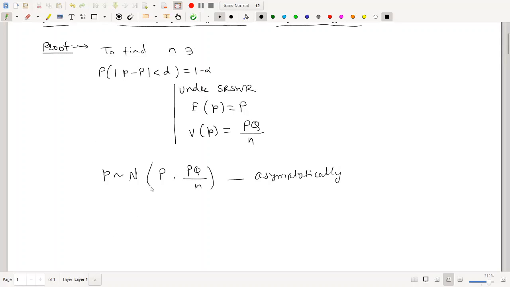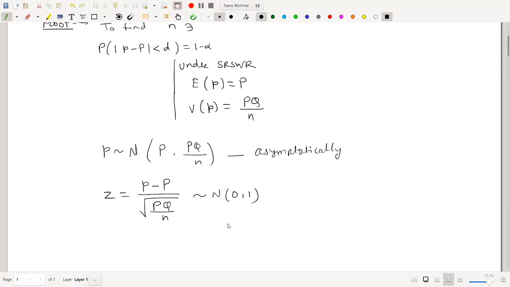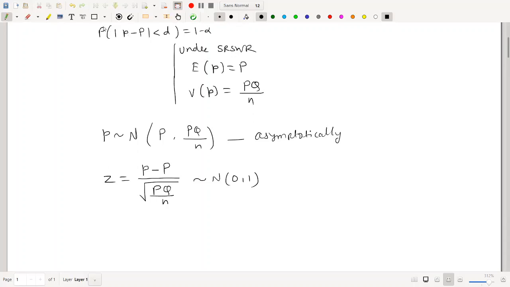So, to convert this into standard normal, it will be small p minus its expectation, or its mean, capital P, upon under root of its variance, capital PQ upon small n. This follows normal 0, 1. So to solve this equation, we have to convert this into standard normal, mod z.